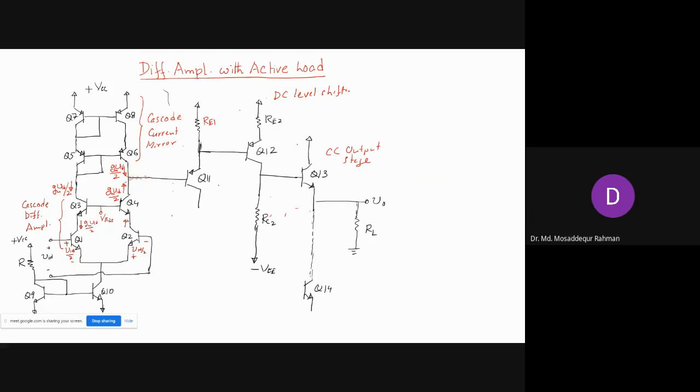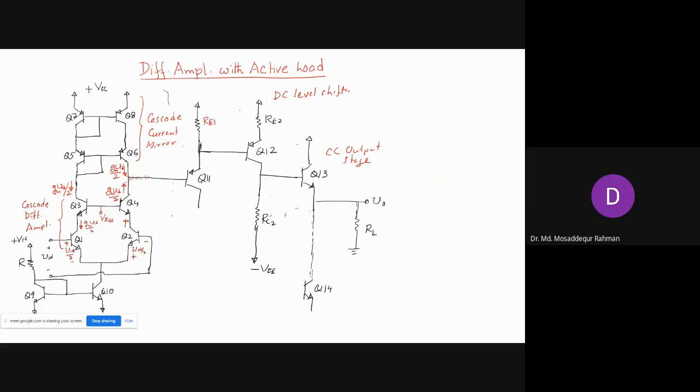So is the configuration common emitter with emitter resistance? Are you sure? Sir, what will be in the collector side?